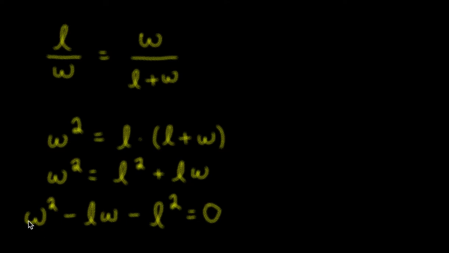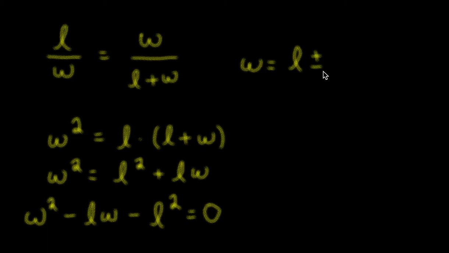Okay, so now we have sort of our coefficients a, b, and c. A is 1, b is negative L, and then c is negative L squared. So what does the quadratic formula tell us if we want to solve for the variable w? Well, w is going to be negative this coefficient, so that's just the length. And then we have a plus or minus. Now we'll actually have to make a choice. We'll have a positive value and a negative value.